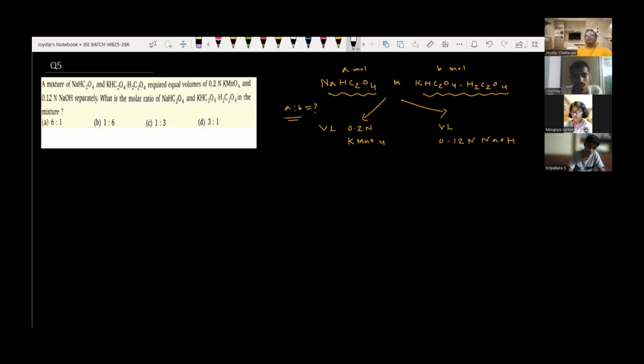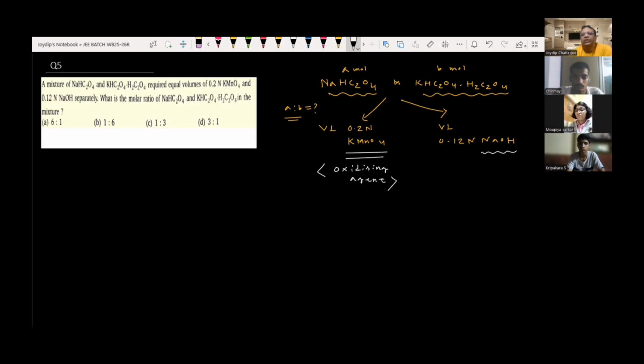To solve such kind of questions, first you see here KMnO4 is what? KMnO4 is basically an oxidizing agent. So the reaction of KMnO4 with both of these will be a redox reaction, right?